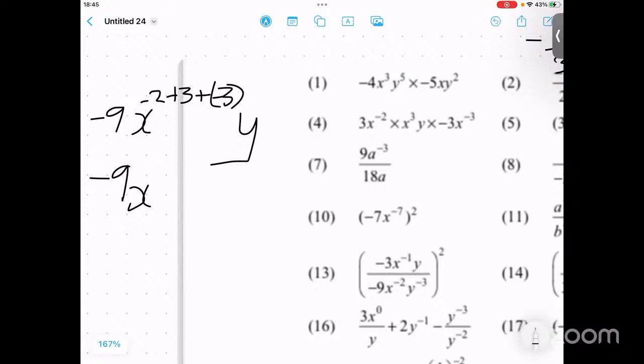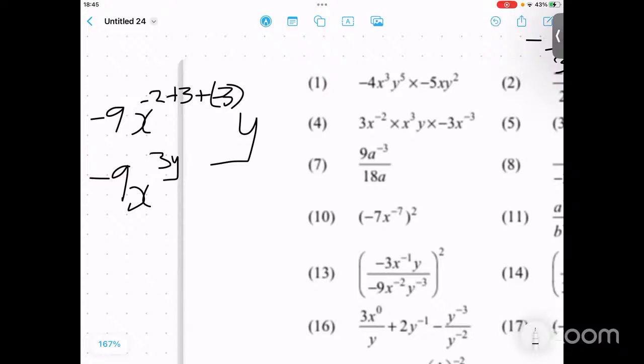Why are we having a y up here? How did it get up there? Ma'am, it's not up, it's down. Okay, but you said to the power of 3y.